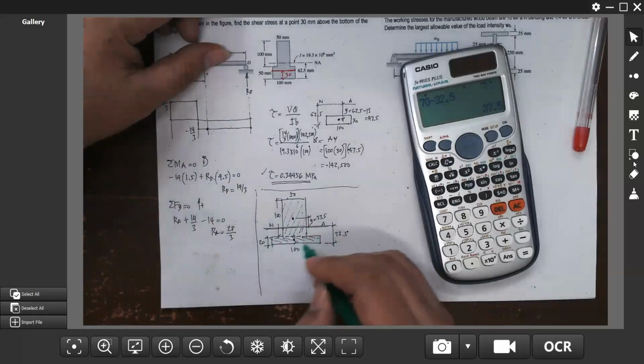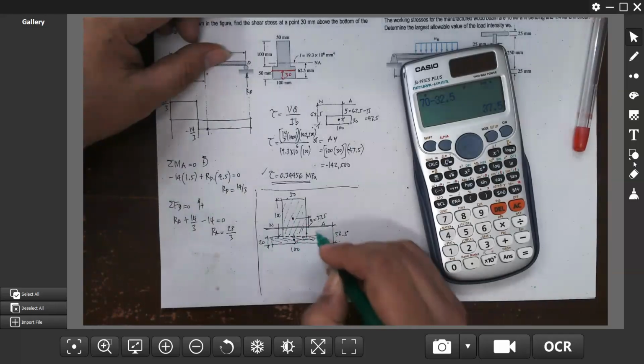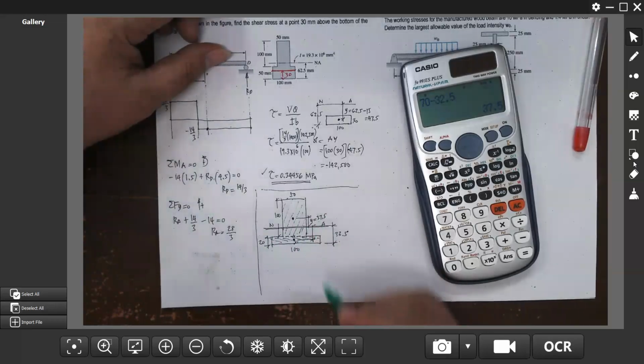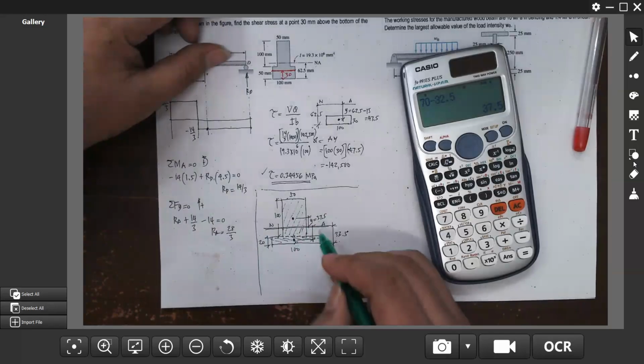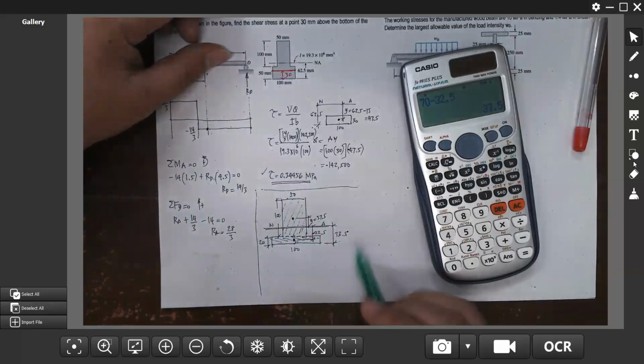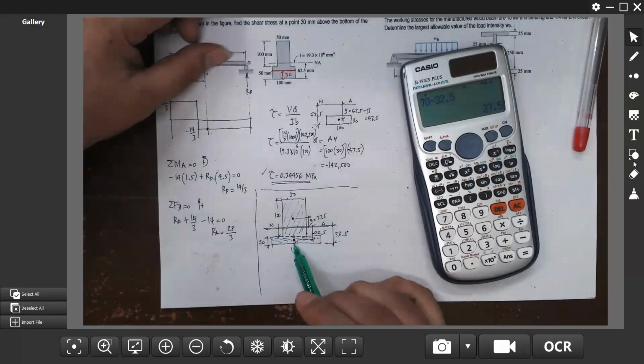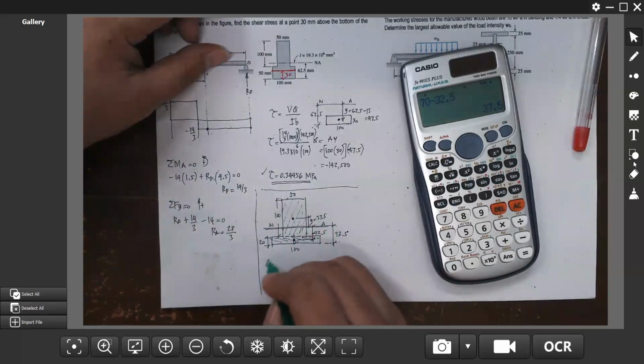Okay, so how much is this? Upward, that's 32.5 minus 10, that's 22.5.